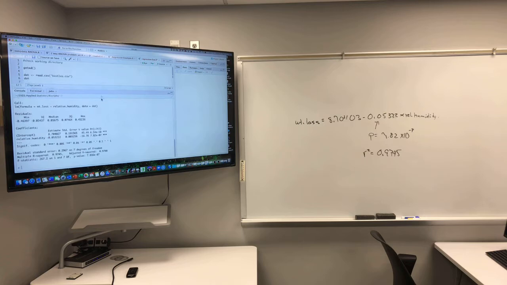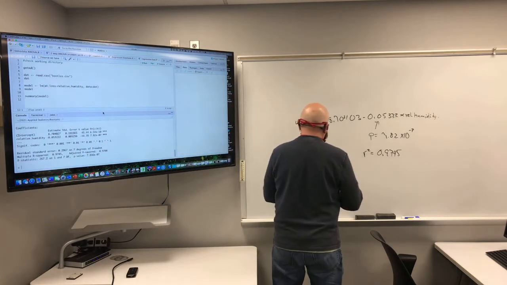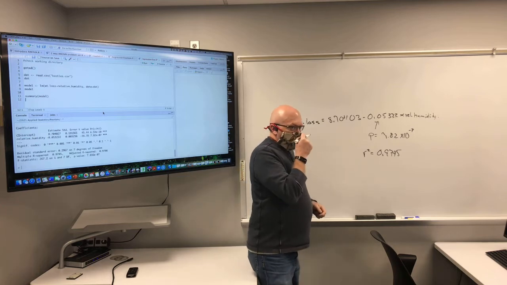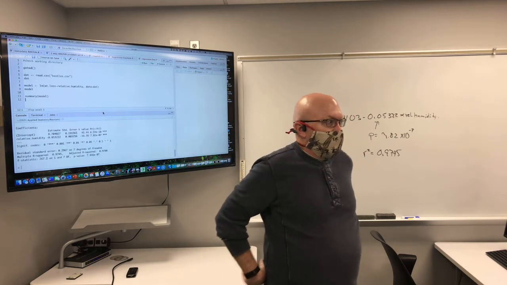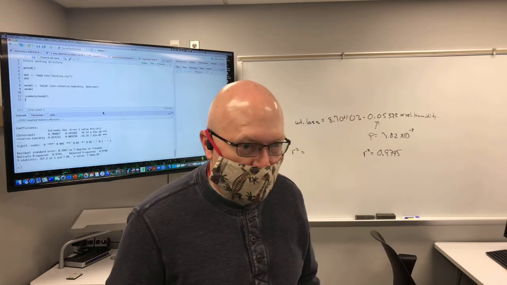But normally we would be able to calculate R square ourselves. We can calculate R square. What is the equation for R square? Do you guys remember? Samuel's looking it up.